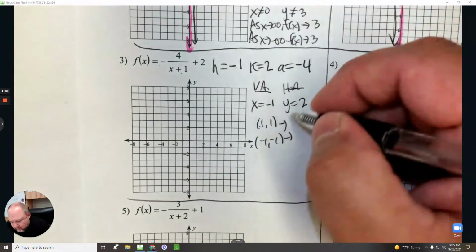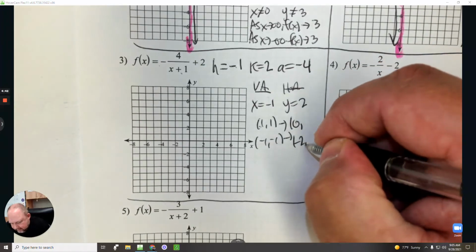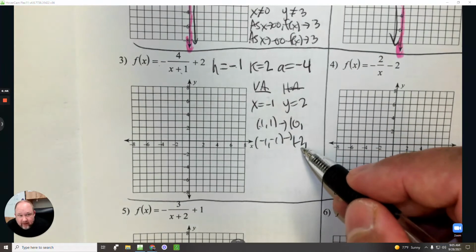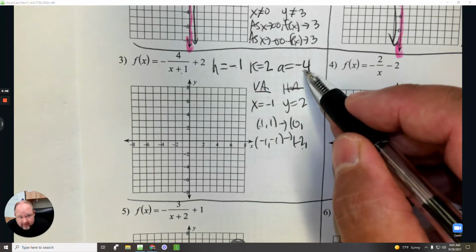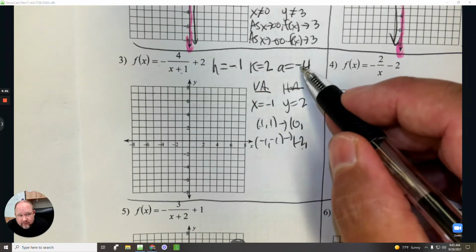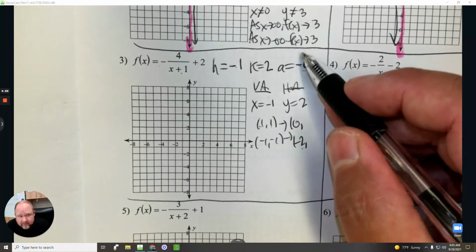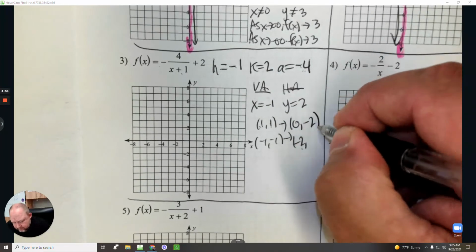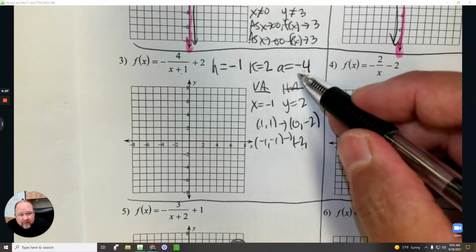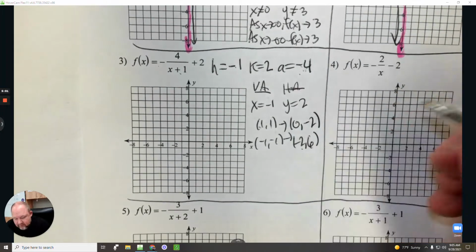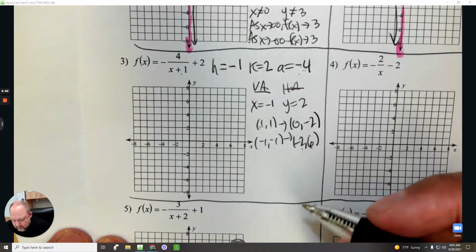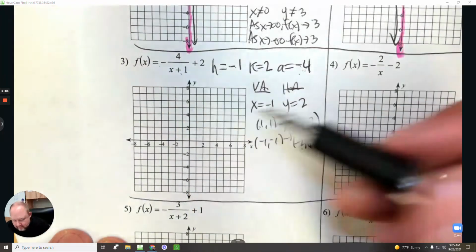So 1 take away 1 is 0, and negative 1 take away 1 is negative 2. For the y coordinate, I need both numbers, so I'm going to multiply and then add. So 1 times negative 4 is negative 4, and then add 2. That's negative 2. Negative 1 times negative 4 is positive 4. Add 2, and it's 6. Recognize there's a reflection here because a is negative.